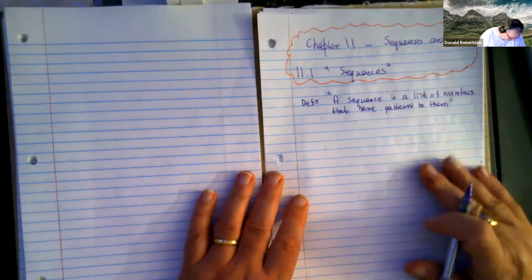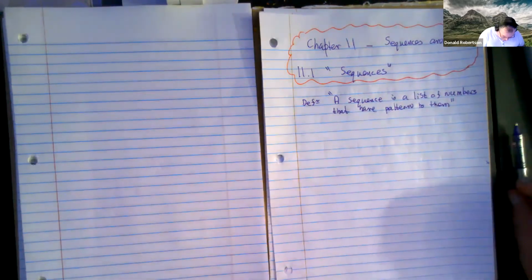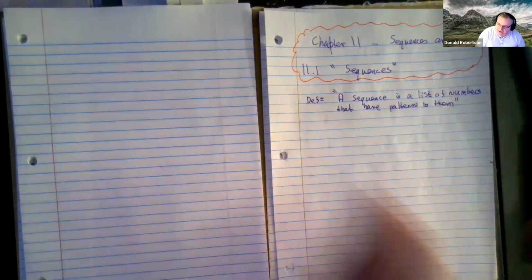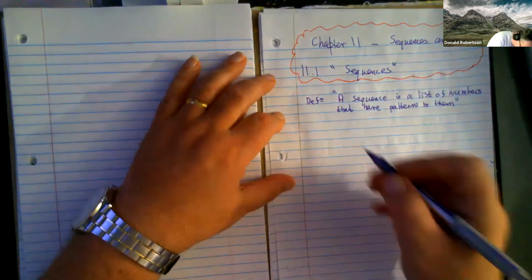One of the things that mathematics likes to do is to look for patterns and relationships, find connections between things, see if there's something structural that we can understand and maybe express in an algebraic way. And sequences is one of those situations. So here's a sequence for you.